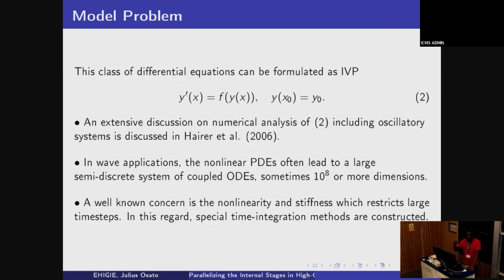We get to read the books that he has written. We know that most of these problems have oscillations, nonlinearity and stiffness, which restricts the use of large step size. So we need special methods to actually capture the dynamics of these kinds of systems.